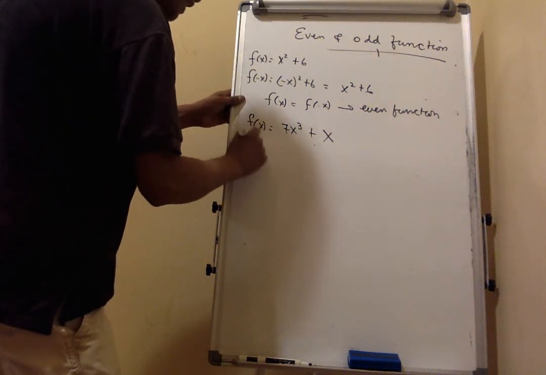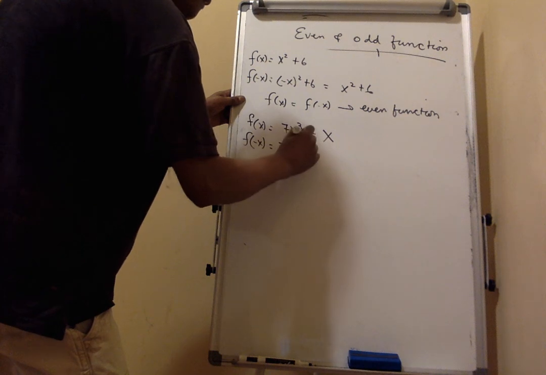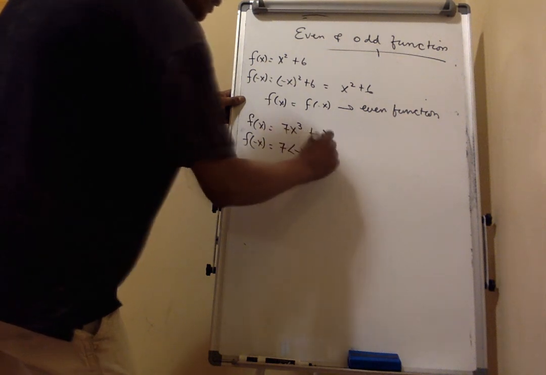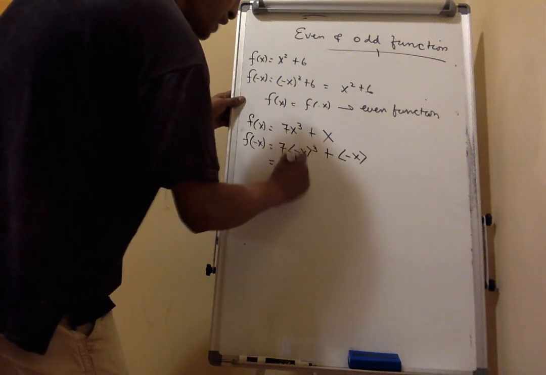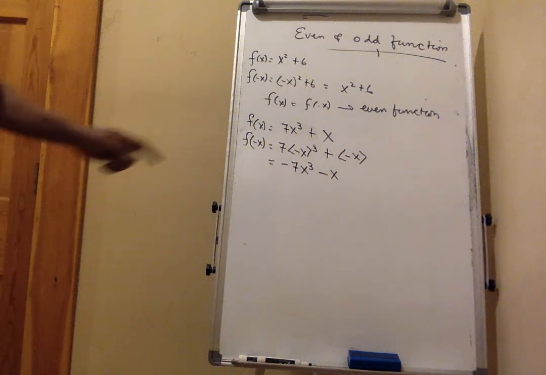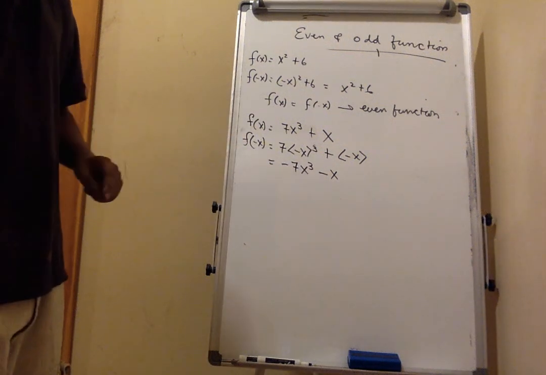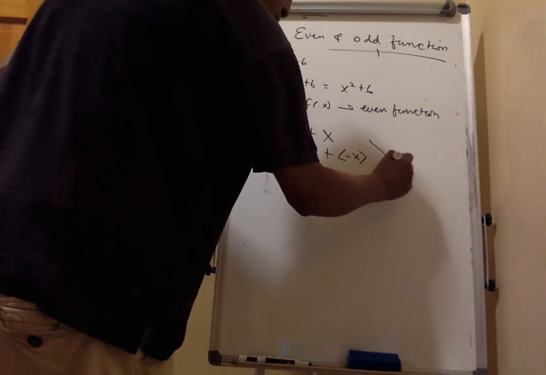So f of negative x is equal to 7 times negative x cubed plus negative x. So you end up with negative 7x cubed minus x. But since f of x is not equal to f of negative x, this would be not even.